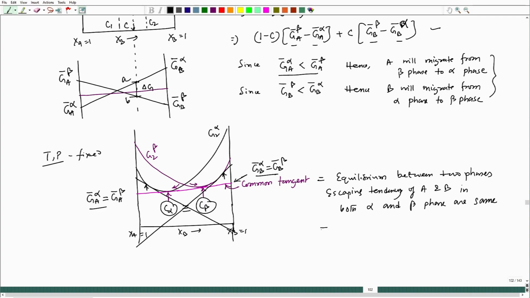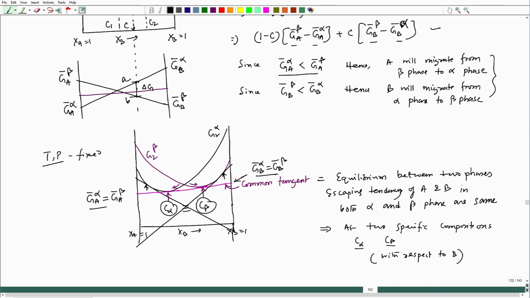So, this is applicable at two specific compositions. Okay. So, these are C alpha and C beta. Remember, these are with respect to B. Okay.